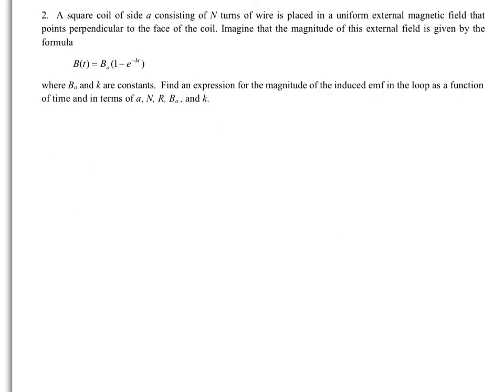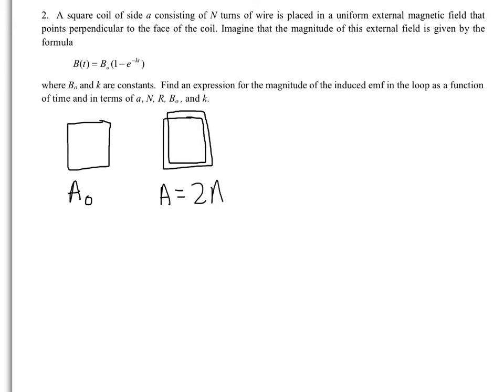Okay, for this problem there's a key concept you have to understand, which has to do with turns of a wire. Now, if we have one turn of a wire, that just basically means a simple loop. So if the area of that is A0, if we had two turns, it would basically mean one wire turned onto itself twice with the same final dimensions, so that the total area within here would actually count as twice the original area.